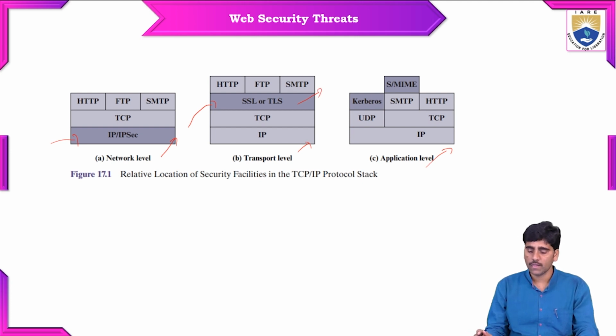The third is application level specific service, such as Kerberos or S/MIME, as application security services for each and every application. Because these security services are offered in different layers, we can say the websites are in a safe place.